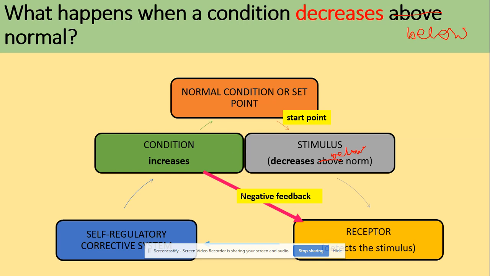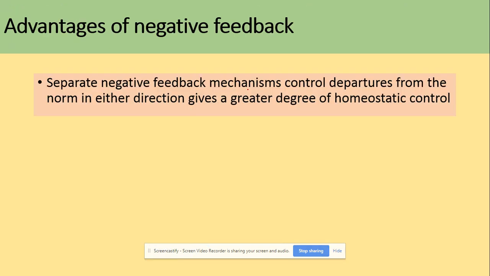Once it's back to the norm, negative feedback occurs, and the stimulus is no longer there because we have come back to the normal point. The advantage of separate negative feedback mechanisms is that they control departures from the norm in either direction, giving a higher degree of homeostatic control.